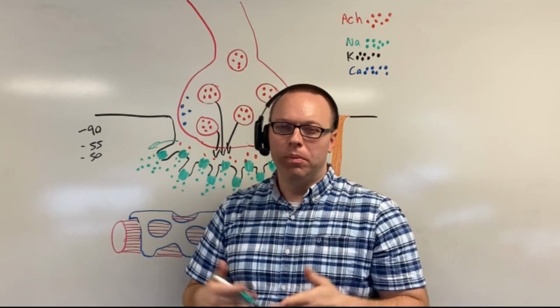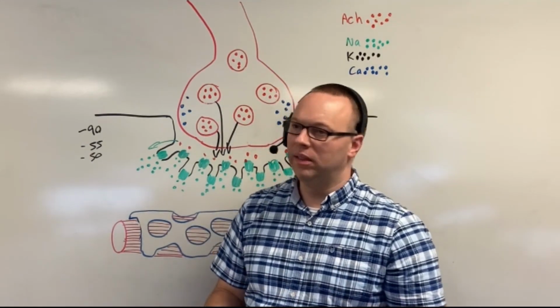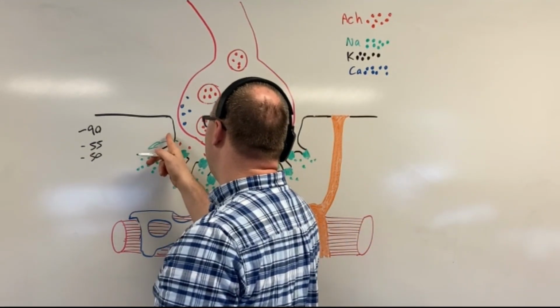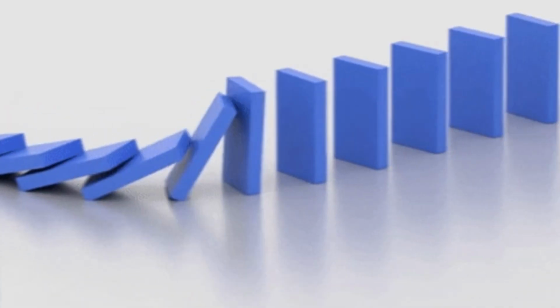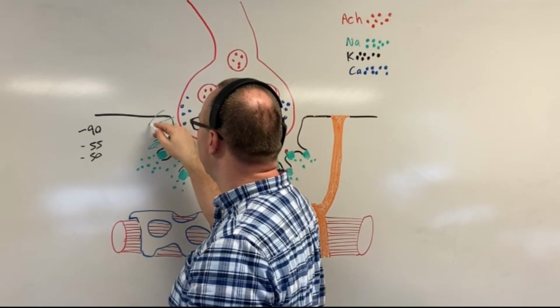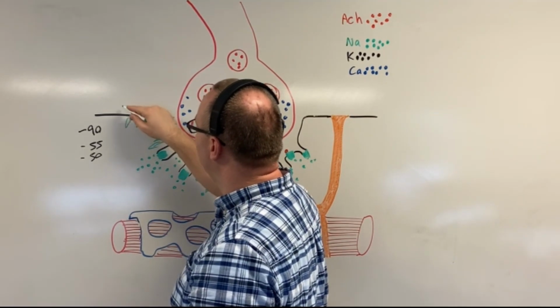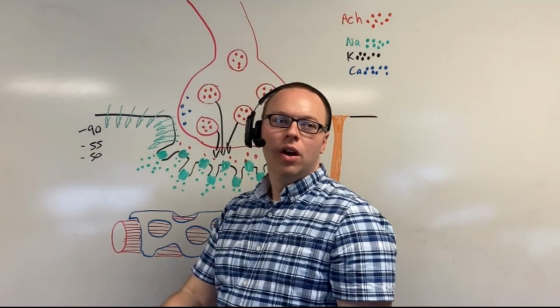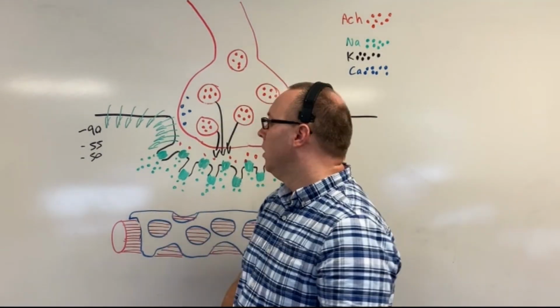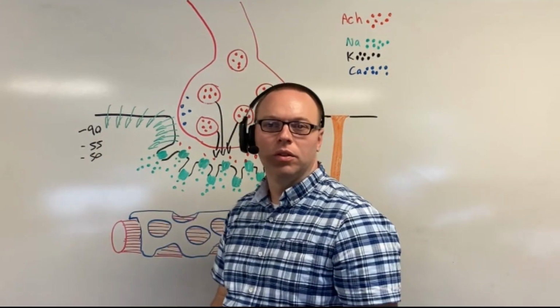Depending on who you read, it's about 1/1000th of a second, or 1 millisecond. As that positive charge spreads out, it's going to trigger the next one to open, and the next one, and the next one. You see how these voltage-gated sodium channels cause sodium to spread out across the cell membrane, because each one that opens triggers the next one to open.